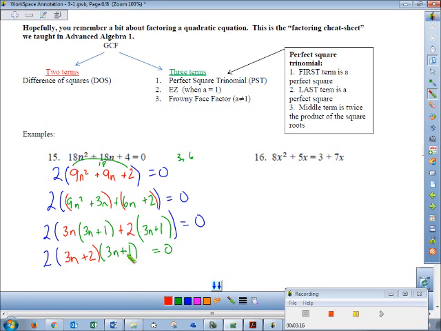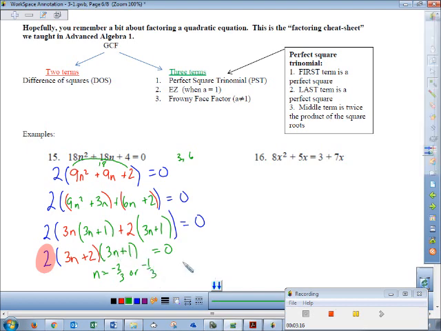I've got Mr. Green, Mr. Red, and Mr. Blue. Mr. Blue doesn't matter though because he doesn't have any variables with it. So you only care about the ones that have variables in them. So in the red one, n could equal the opposite of this over that, negative 2/3, or the opposite of this over that, negative 1/3. And then you put those in a solution set.